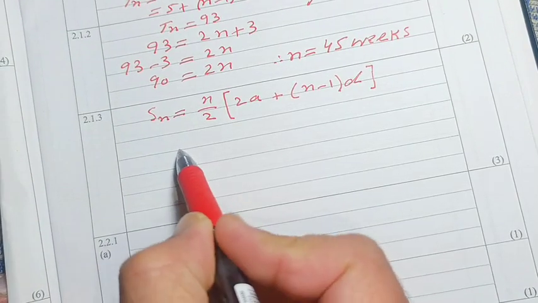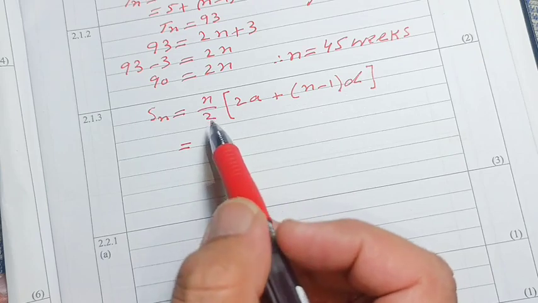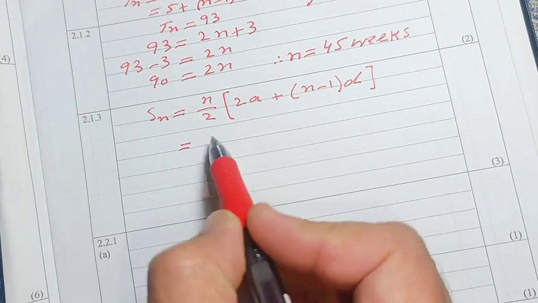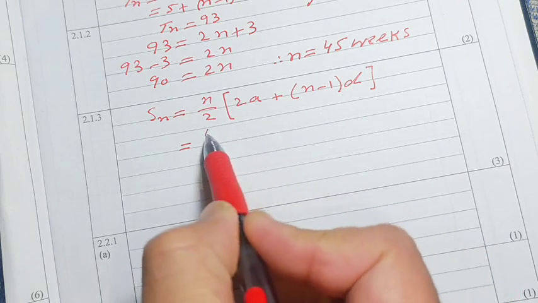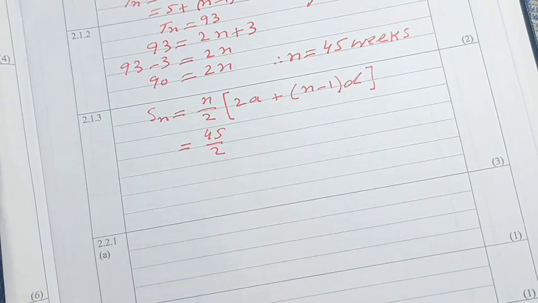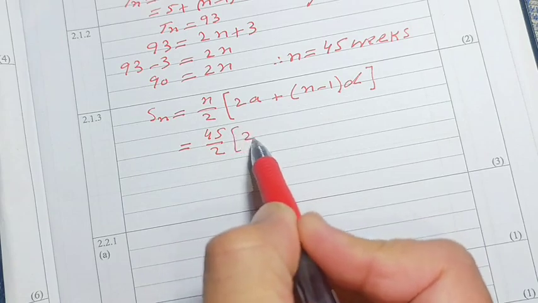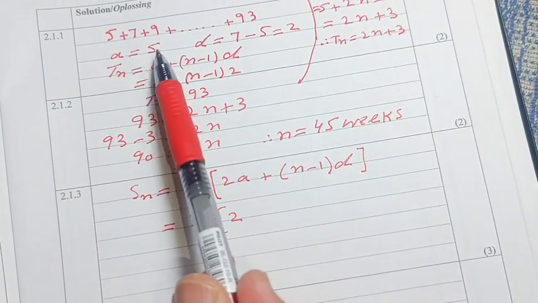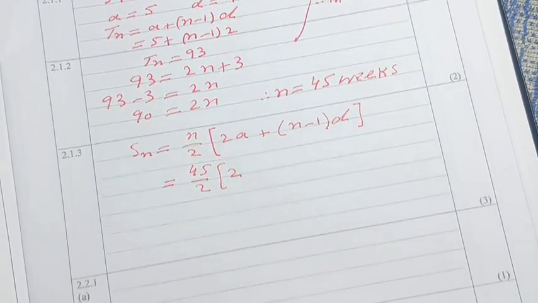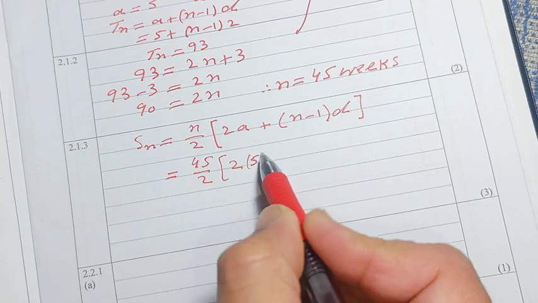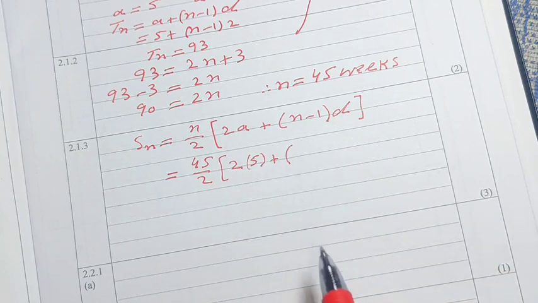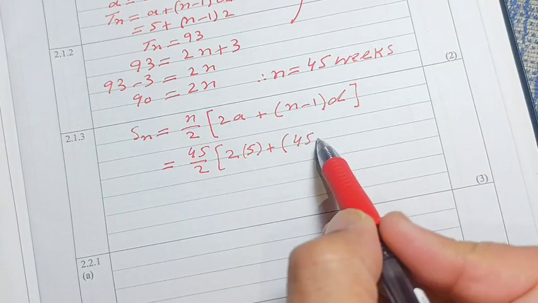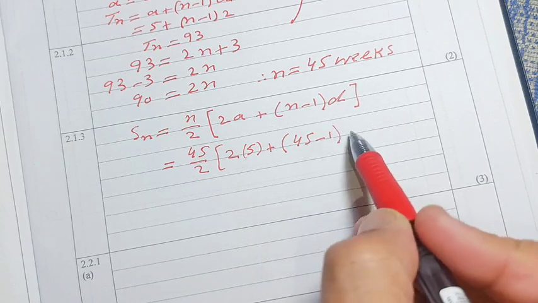Now we've got everything. The n we got 45. So 45 over 2, and the 2a we have also, which earlier we found the first term is 5, so multiply 2 times 5 plus, and again we're going to substitute the place of n, 45 minus 1, d we got 2.